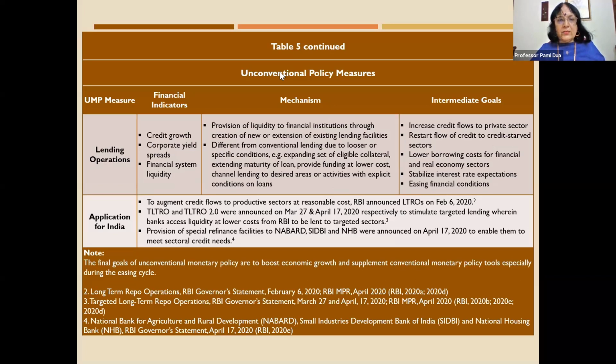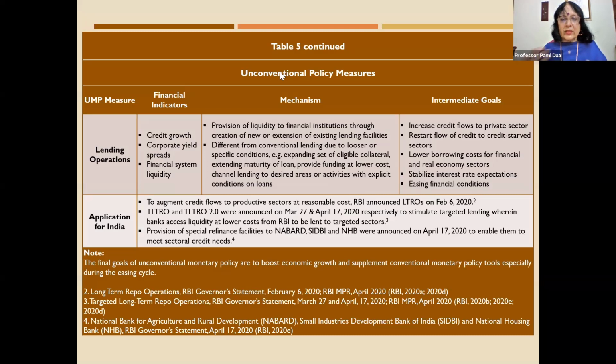Then another way is lending operations. Lending operations are not the same as just giving a loan. Lending operations means that you are doing something to create or extend the existing lending facility.